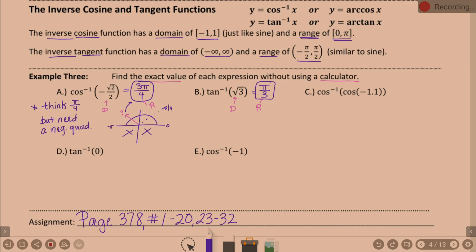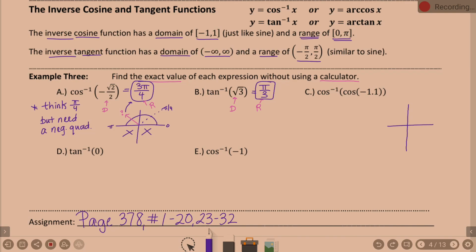But there is still a catch. If they just strictly undo each other, what are you going to tell me the answer is? Negative 1.1. Now, negative 1.1 is some angle.